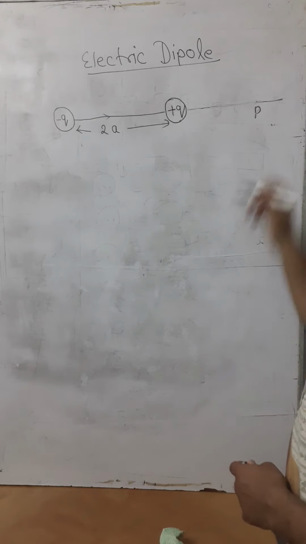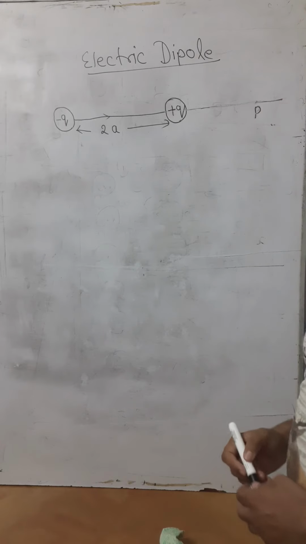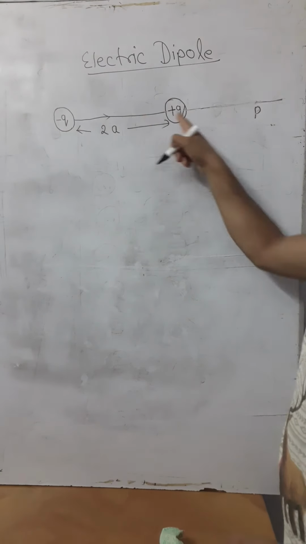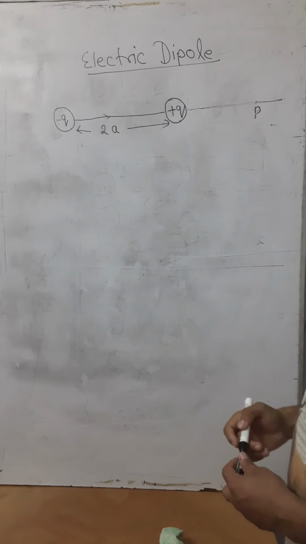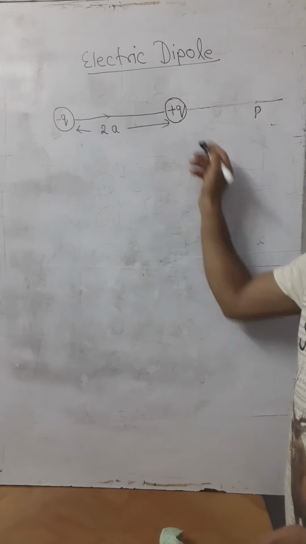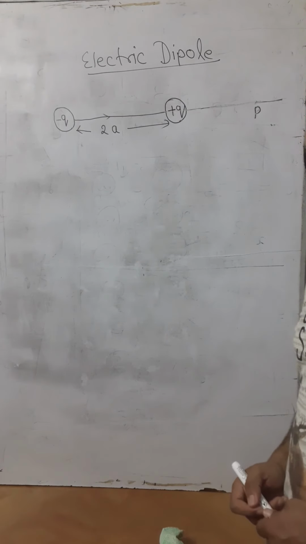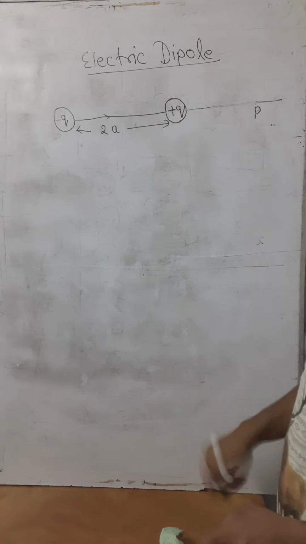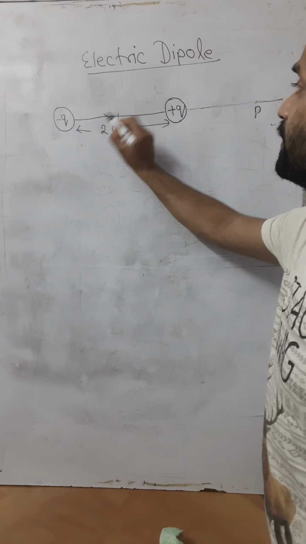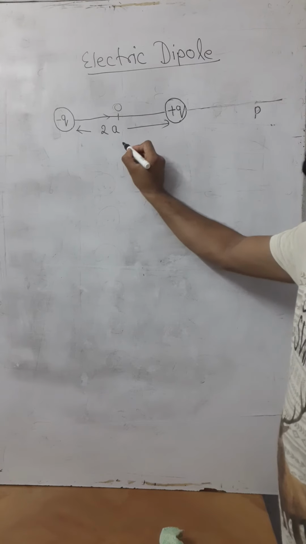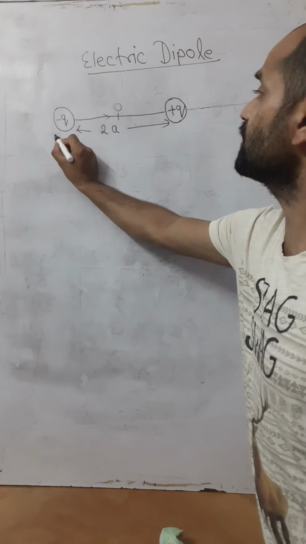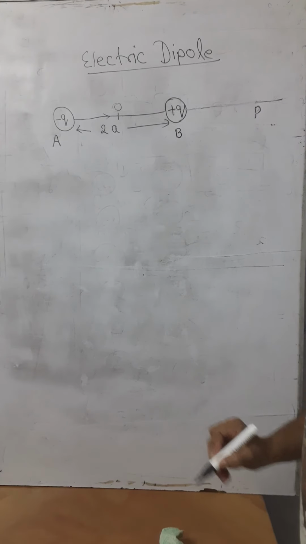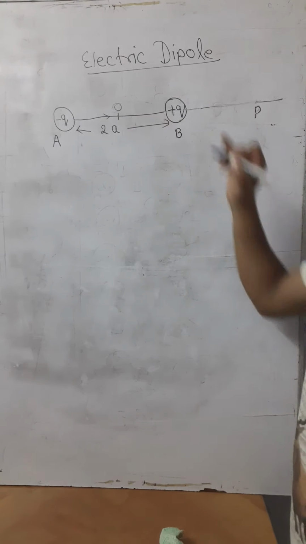Now here we want to know the electric field due to the arrangement. Arrangement means the equal and opposite charges. For this we will assume that the midpoint is O, suppose, and this one point is A, this one point is B, where the charges are located.